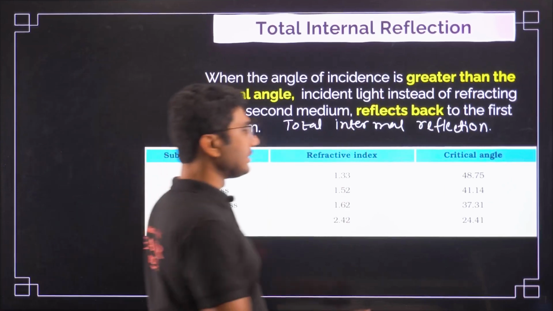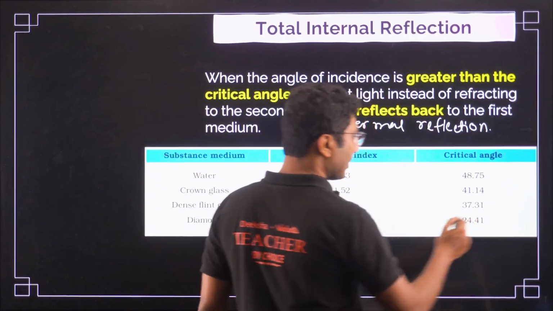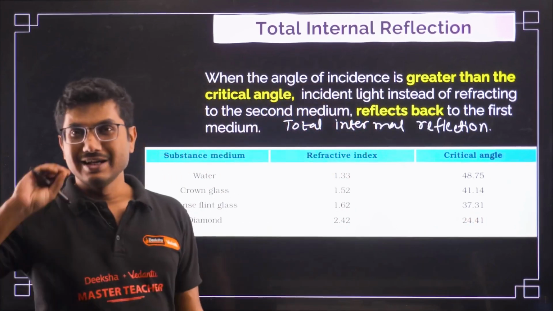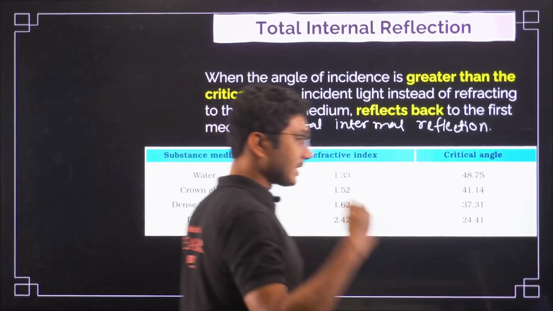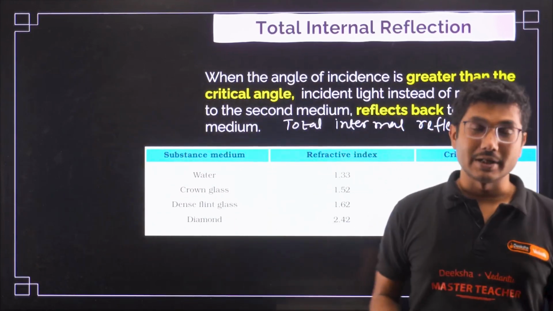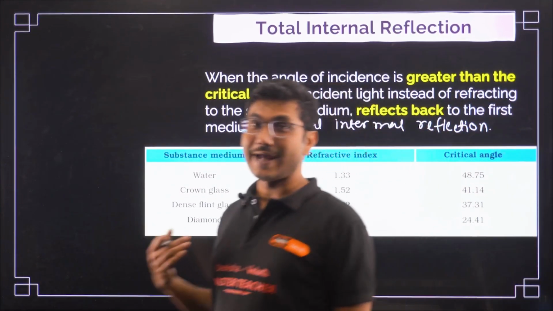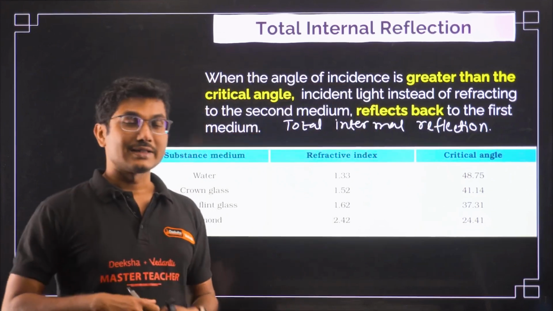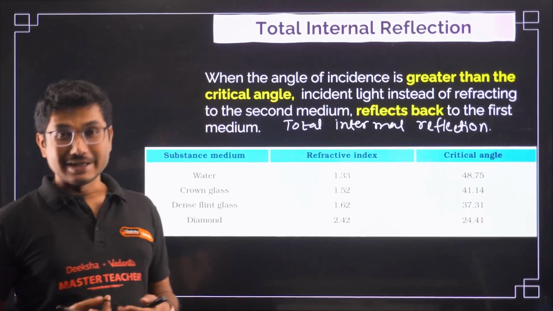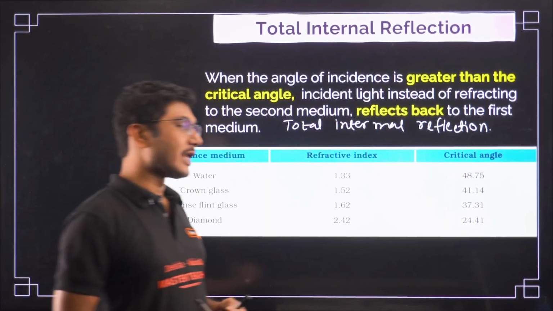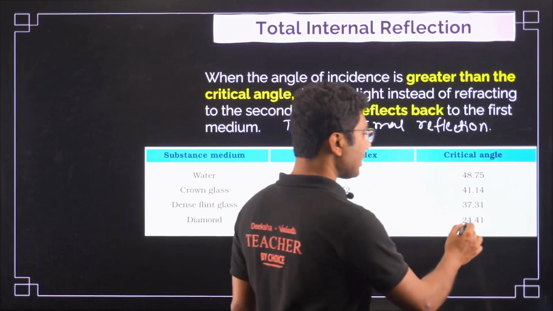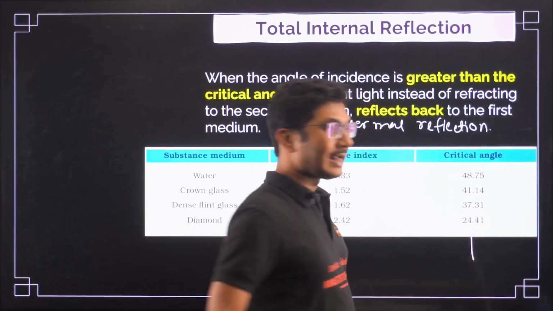This is one of the reasons that a real diamond glitters. It's called the brilliance of a diamond. Diamond has a very special glitter, and that happens because of the small critical angle.